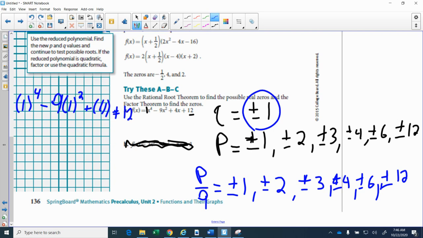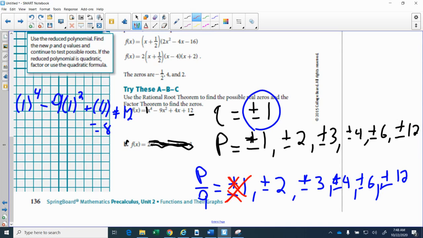Well, if you work this out, this would come out to be 1 minus 9, which is negative 8, plus 4, which is negative 4, plus 12, which comes out to be positive 8. Okay? So, positive 1 cannot be a factor. So then we would go to the next one.